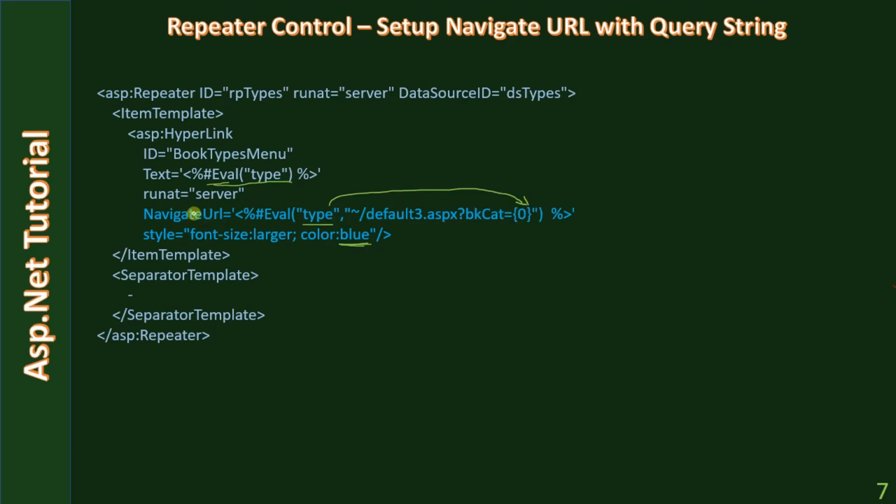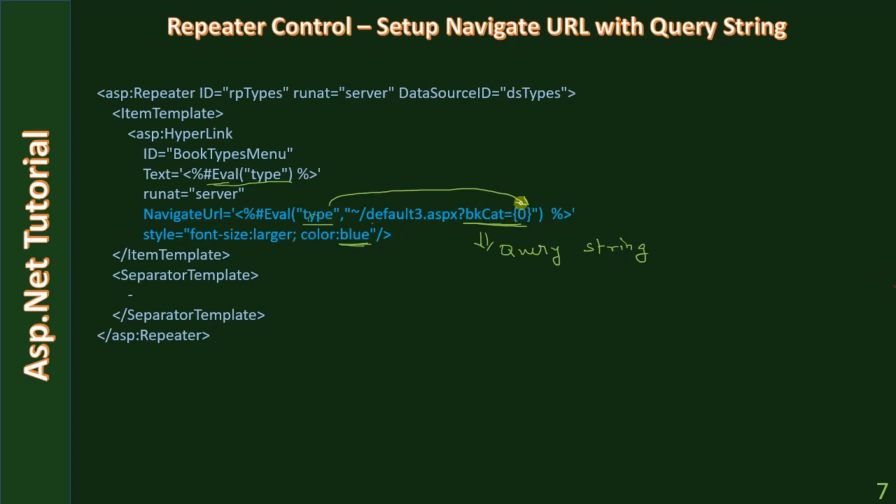So actually the navigate URL will be set to Default 3.aspx, and when we go to the example, we will change this; this aspx file is our form name, right? Then this is actually the QueryString. To this QueryString, we are setting the dynamic content, whatever the evaluated expression is will be set here.